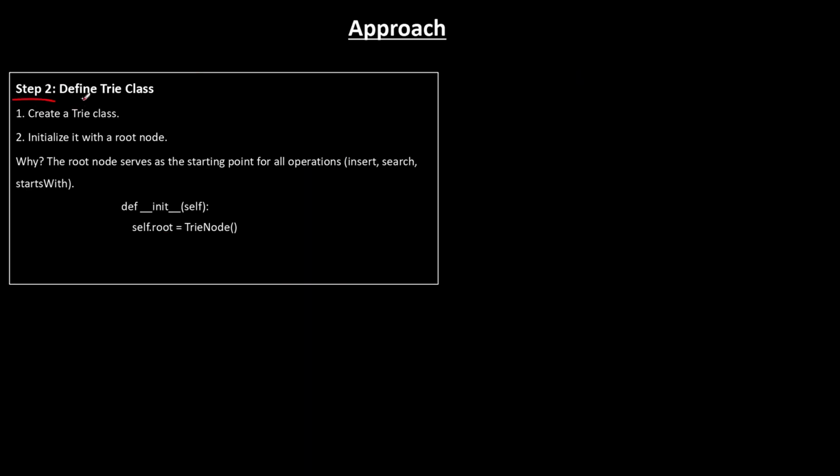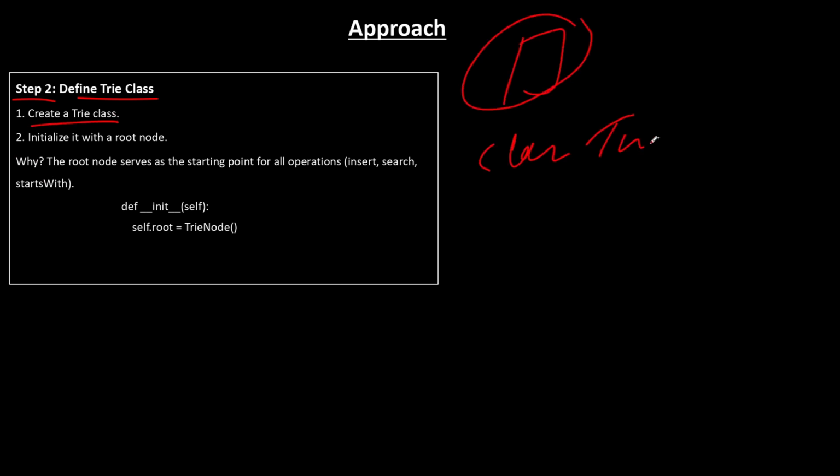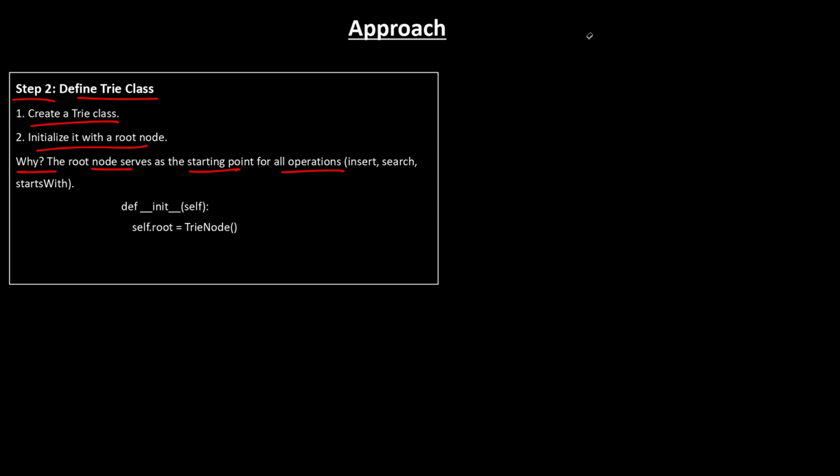Now at step 2, we define the Trie class. This is the Trie class, which is the main class. First we created the node class. Now we will have the class Trie to run the program. We initialize the root node. Why? The root node serves as the starting point of all the operations. It's like this. Suppose we created the class TrieNode earlier.